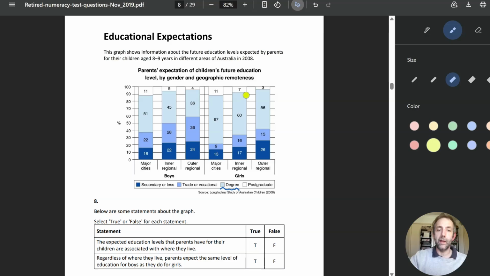And from what we can see, it does seem consistently that the people in major cities expect them to have a degree, or there is a higher percentage of people who expect them to have a degree or postgraduate, and hence there is an association there. It doesn't mean that's what causes it, but there does seem to be some sort of pattern.